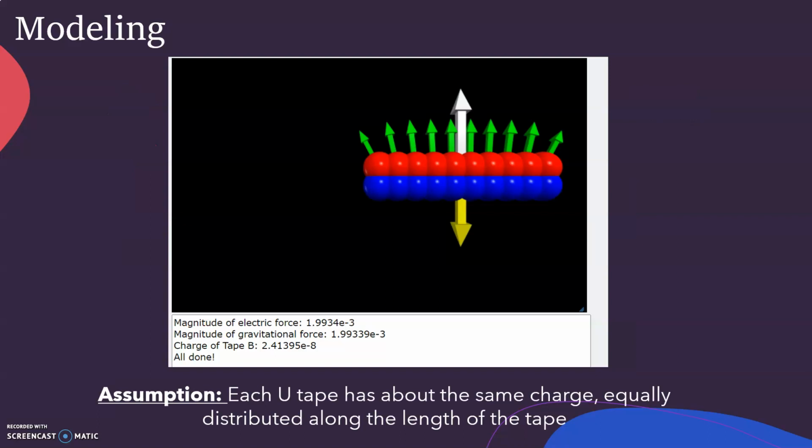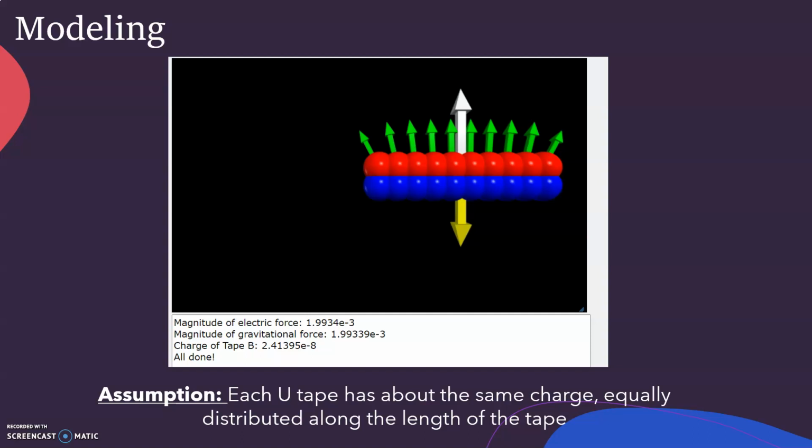And so here's this system modeled in GlowScript. The green arrows are the electric fields at each discrete piece of the upper tape. The yellow arrow is the gravitational force, and the white arrow is the total electric force.